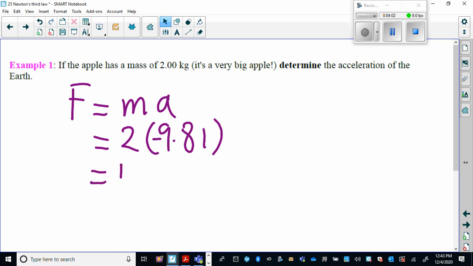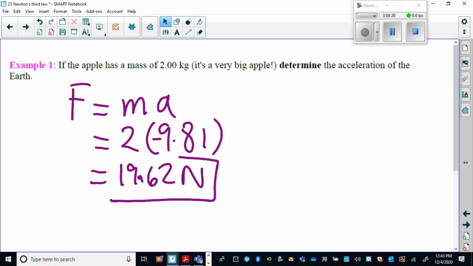And so we get 19.62 newtons of force on the apple. Newton's third law says there must be an equal and opposite reaction on the earth. So there are 19.62 newtons of force pulling the earth up towards the apple, which is actually true.